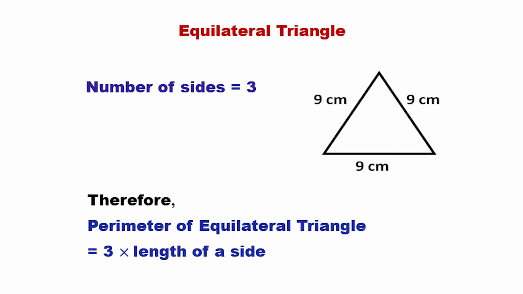This is known as an equilateral triangle because it is made up of 3 sides of equal length. To find the perimeter of the equilateral triangle, we will multiply the length of one side by 3 because the equilateral triangle has 3 sides of equal length. Therefore, perimeter of equilateral triangle is equal to 3 multiplied by length of a side.